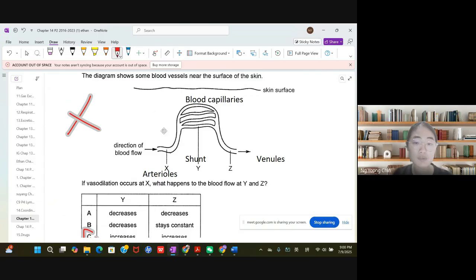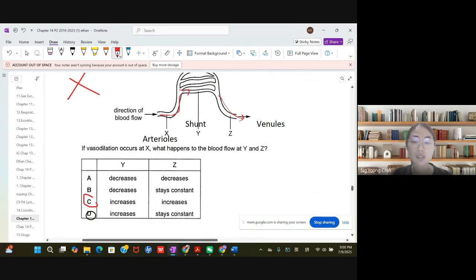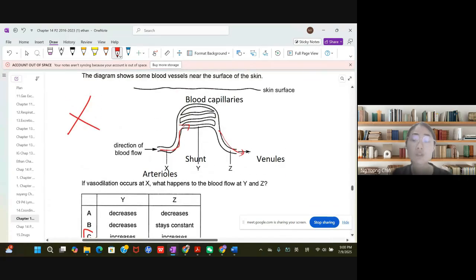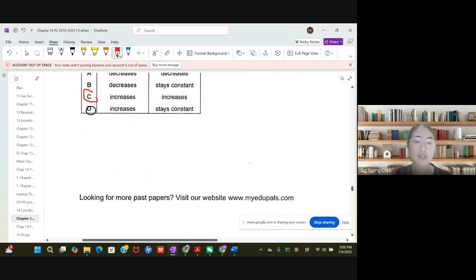You have more blood flow. Okay, you have more blood flow to here. So however much blood flow enters the arteriole, that much blood flow will be passed through to the venule. So it means that you can increase both blood flow at the shunt and also the venule.